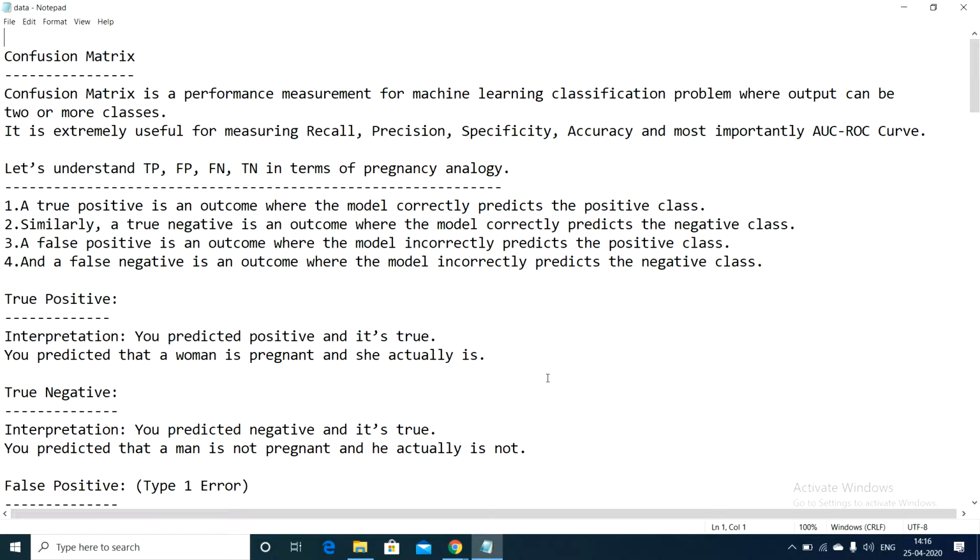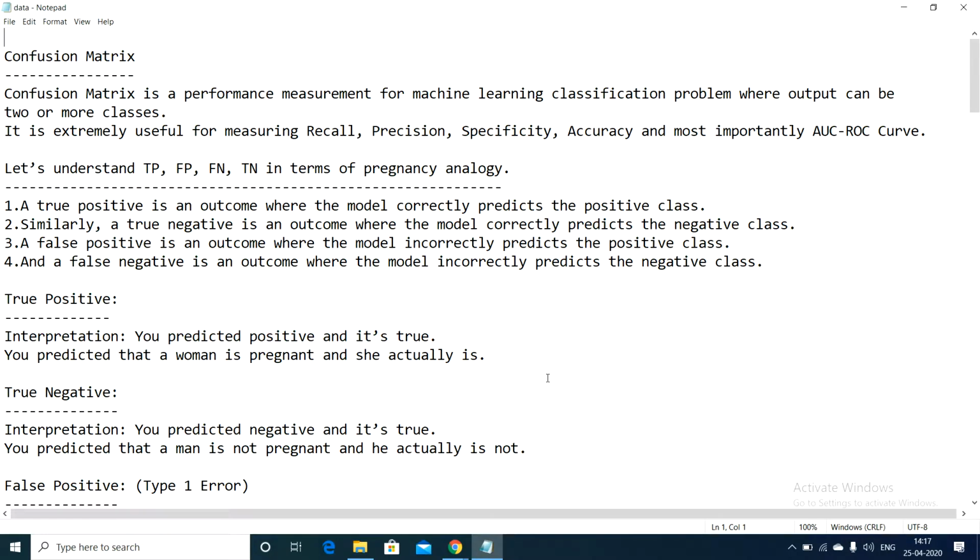By using this confusion matrix only, we can find all the following terms: recall, precision, sensitivity, specificity, accuracy. All these parameters will depend on the confusion matrix. If we find the confusion matrix, then only we will find all these parameters.